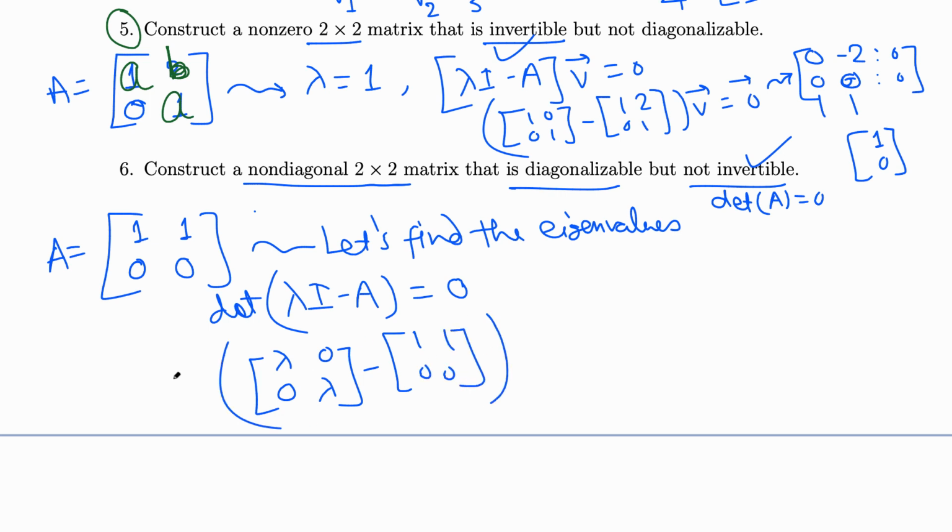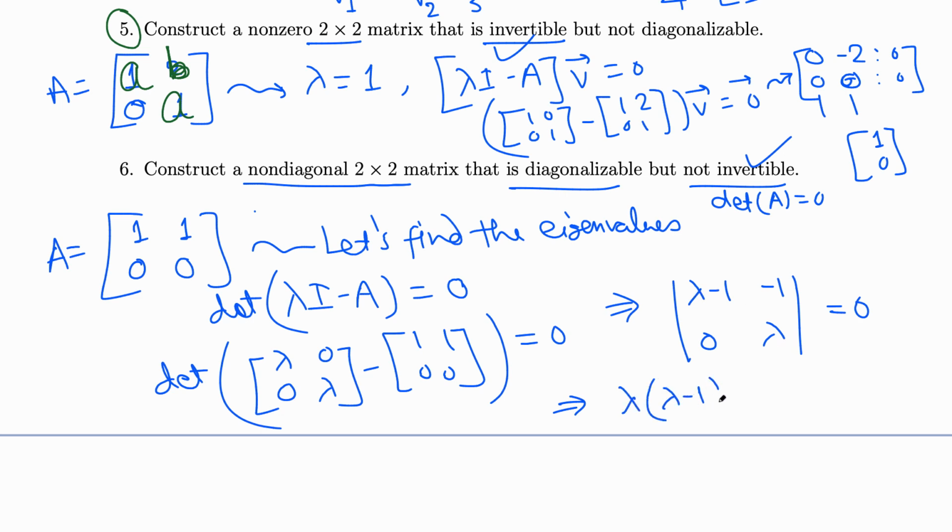We find its determinant and set it to 0. I'm writing this bar for the determinant. We multiply this way: λ minus 1 times λ, so λ times (λ minus 1), minus this way, which is 0, minus 0 doesn't count.